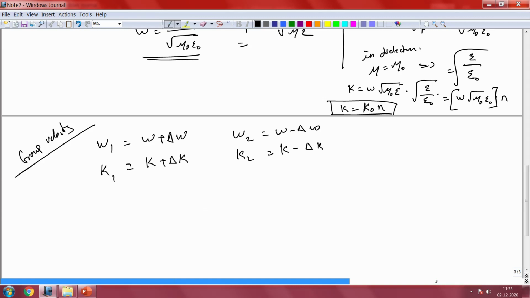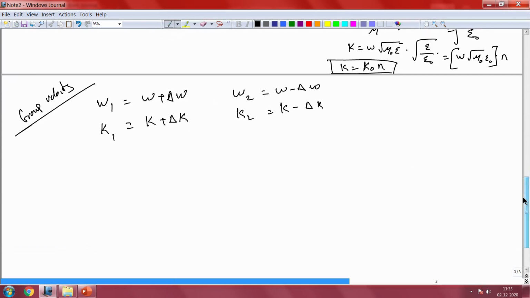But what about the amplitude? You could have two different amplitudes, but for simplicity's sake, let's assume that the amplitudes are equal, E1 equals E2.